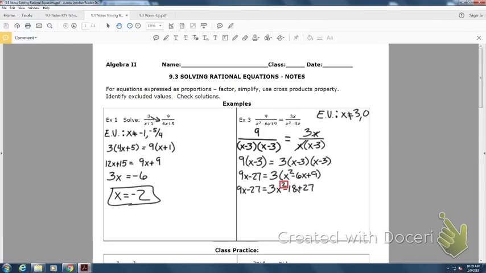I want to set it equal to 0, and in that process I'll have to combine all the like terms. So I'm going to subtract 9x to the right, so I've got negative 18x minus 9x, which is minus 27x. And then I end up with 27 plus 27, which is 54.